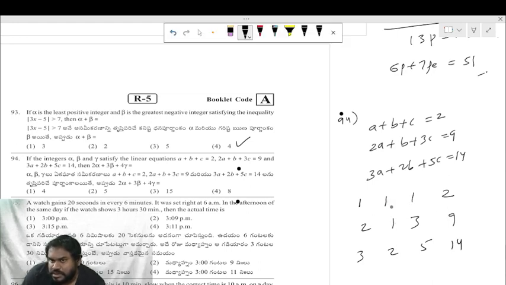So this is R2, this is R1, this is R3. I'll just subtract R1 from R2. Then 1 minus 1 will become 0 here, 2 minus 1 will become 1 here, 3 minus 1 will become 2 here, like that. 9 minus 2 will become 7.